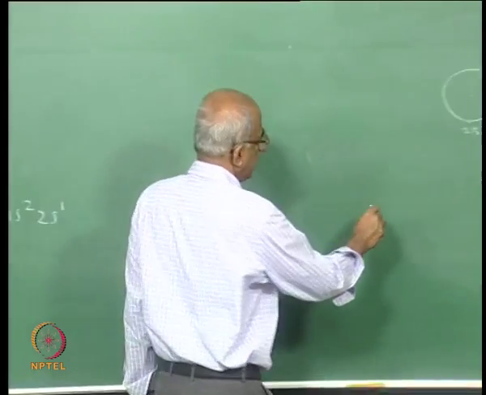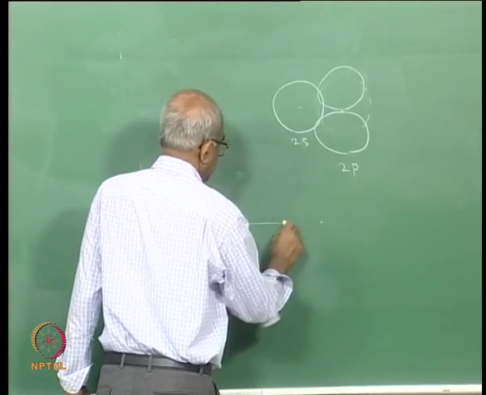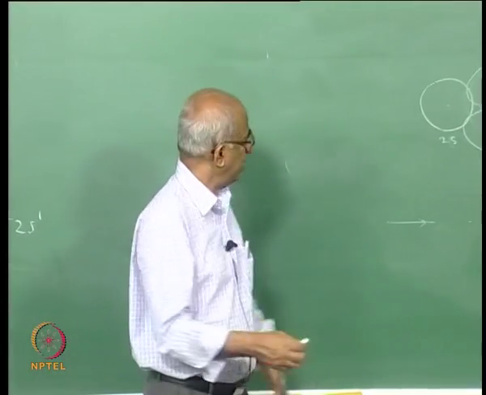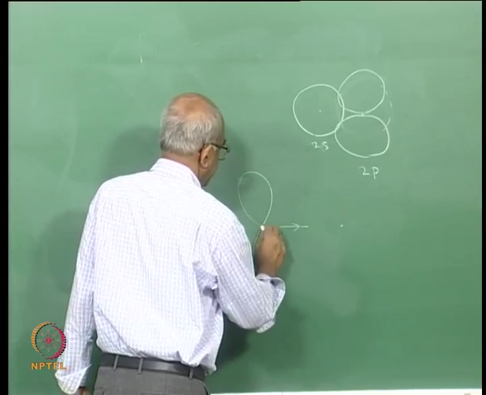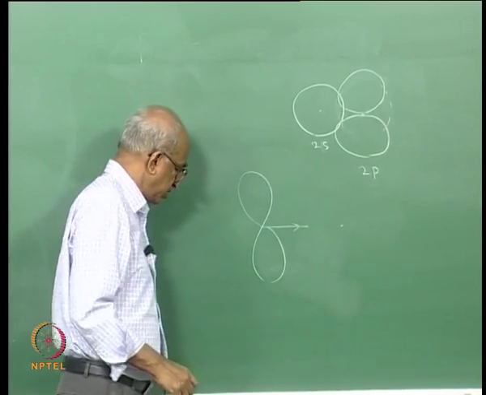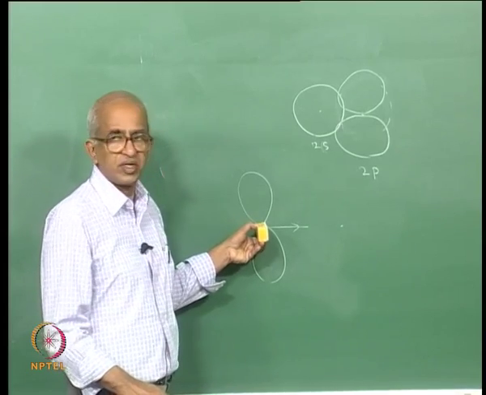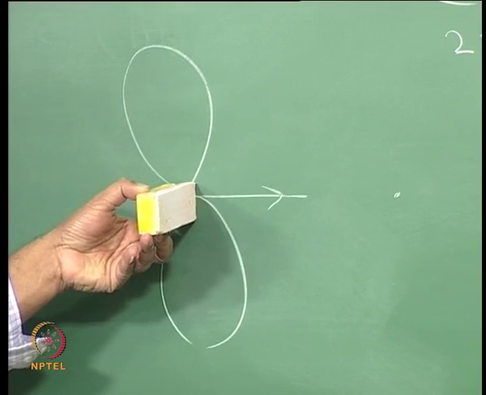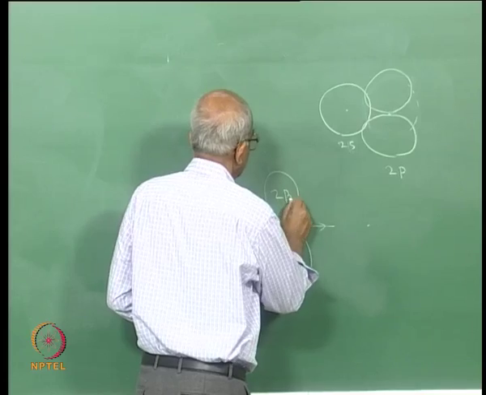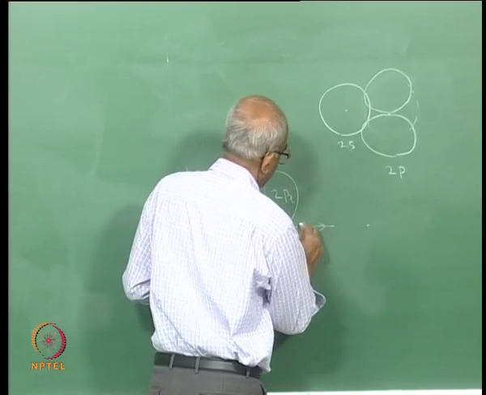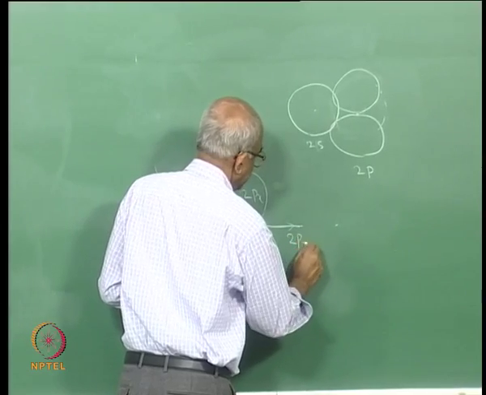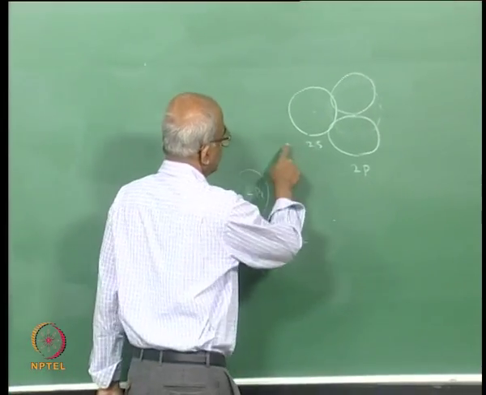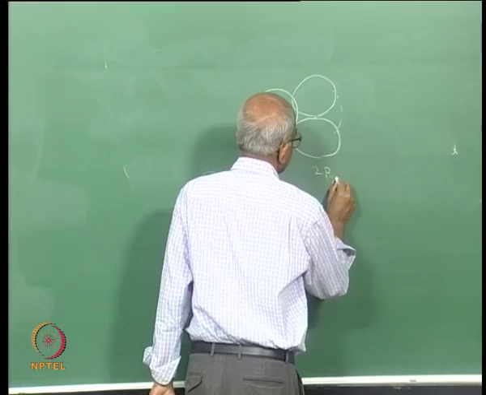An orbital which points along the molecular axis will be called a z orbital, and the orbitals which are perpendicular to it, like this orbital in the plane of the board, or the orbital perpendicular to the plane of the board, will be referred to as 2px or 2py. So, this is 2px, this one is 2py, and an orbital pointing in this direction will be called 2pz. What I am drawing here is the interaction between the 2s on the first atom and 2px on the second atom.